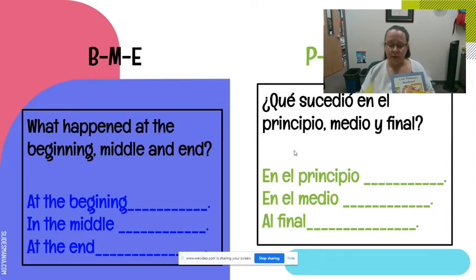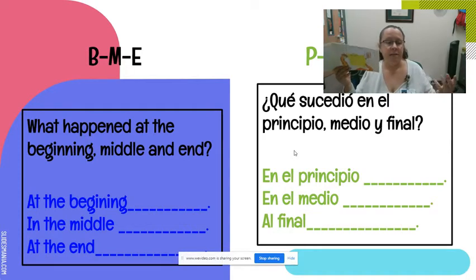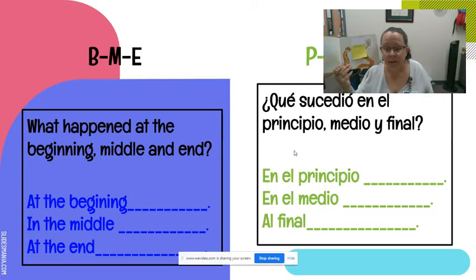For the beginning, you are going to pick one of the sticky notes and find a spot in the book before your child reads, and you're going to place it in the book. Then, as your child reads, when they come to the page with the sticky note, you're going to stop them and ask them to tell you what's happened up to that point, what's going on in the story.